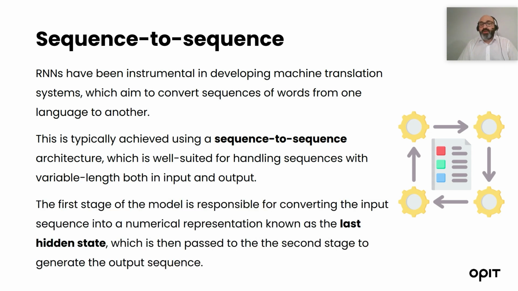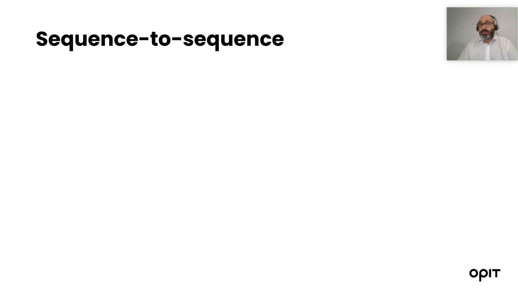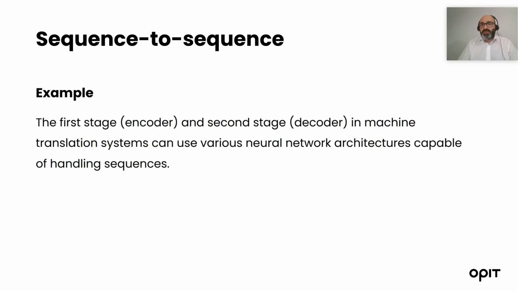The first stage of the model is responsible for converting the input sequence into a numerical representation known as the last hidden state, which passes all this information to a second stage that generates the final output. The first stage of a sequence-to-sequence architecture is known as the encoder and the second stage as the decoder, and they can use different neural networks capable of handling sequences.